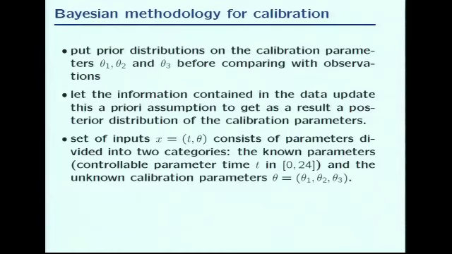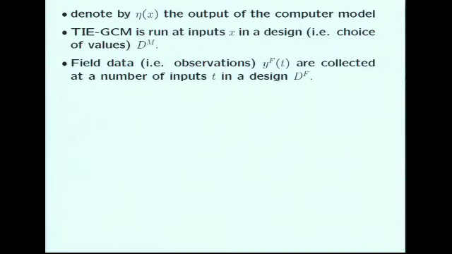But the computer model has to be run at those parameters, right? Inputs. So we denote by eta the output of the computer model. Here this is the mag D type. And then TIE-GCM is run at inputs in a design, so a choice of values.